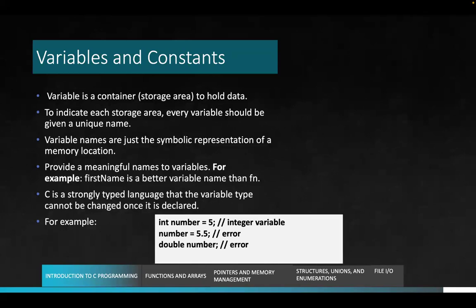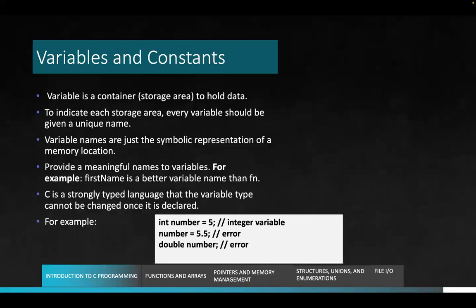Now you can understand while running the program, but after 1 month, if you open it and see fn is equal to a, what is this fn, why is it equal to a? You won't understand. Instead, if you write it as first name, this is the first name of the user, and you'll understand. So keeping meaningful names for variables is very important and a very good practice in C programming. Not only in C programming, in any programming.